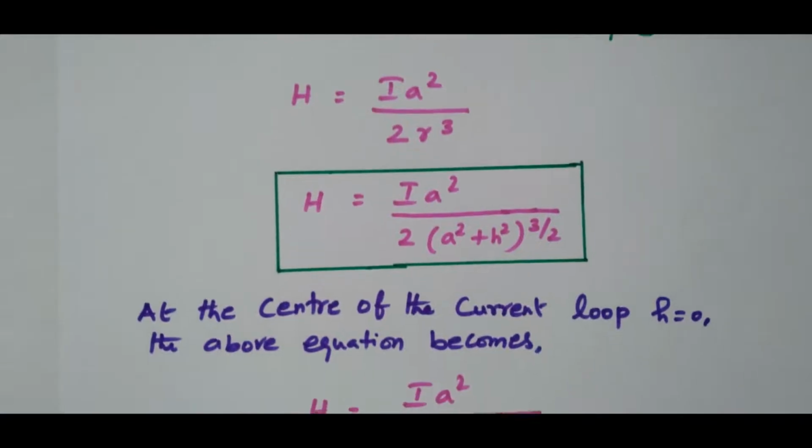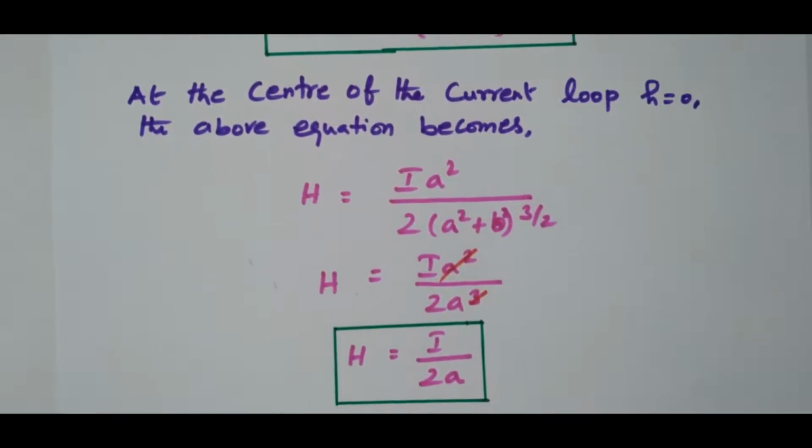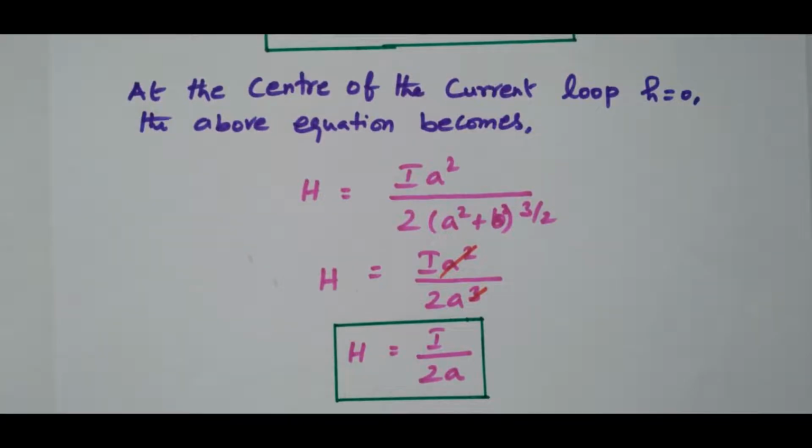Suppose the point P is located at the center of the current loop. What is the magnetic field intensity at the center? At the center the height is 0, so H equals IA square divided by 2 into A square plus H square whole power 3 by 2, with height 0.